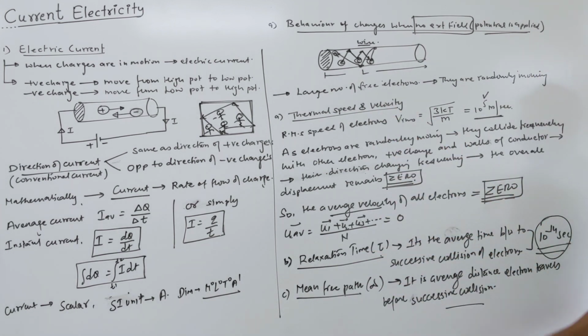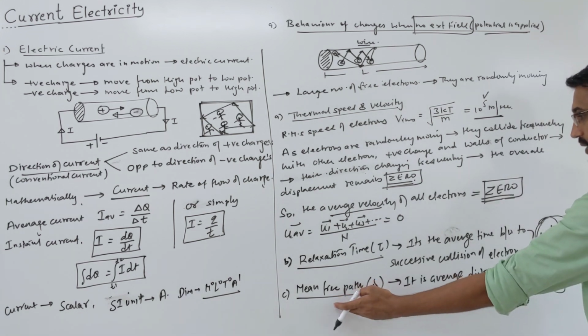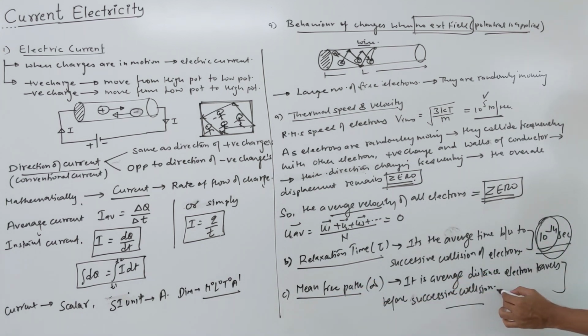Okay, so relaxation time is around 10 power minus 14 second. In the same way, if you want to define mathematically how much this distance is, approximately this value is 10 angstrom. Angstrom is 10 power minus 10 meter.